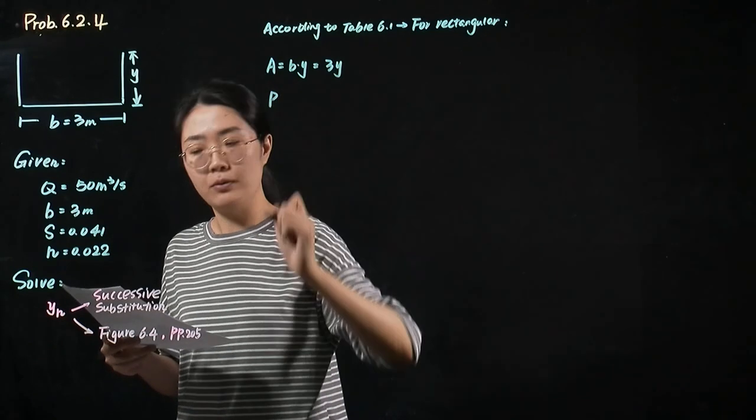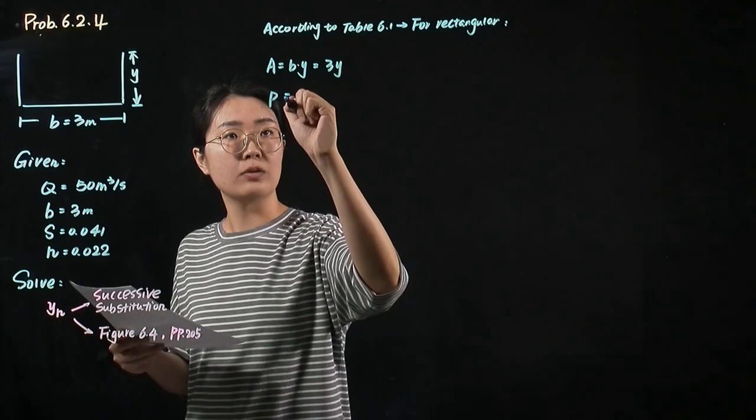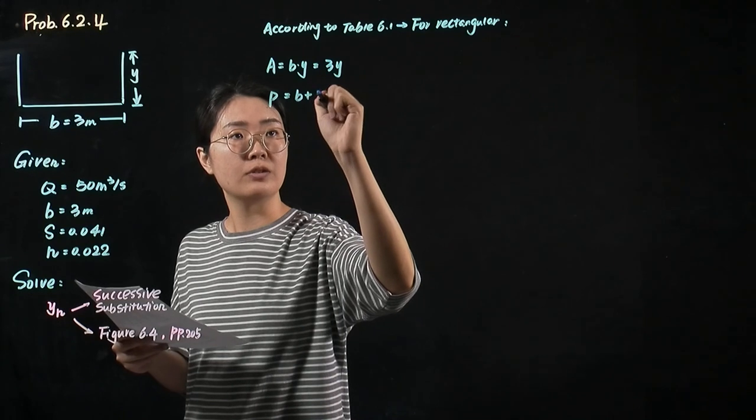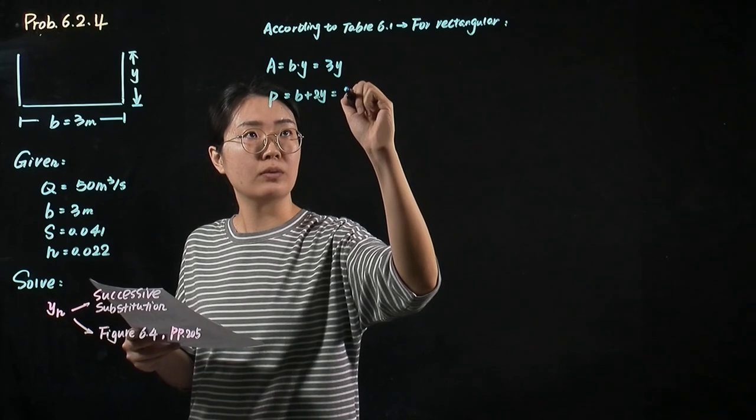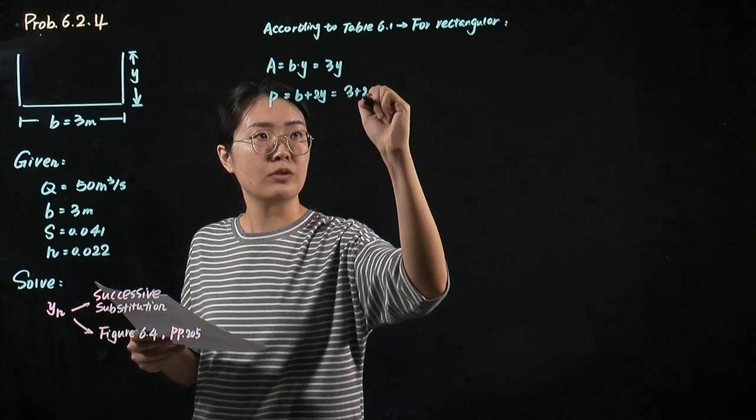And the wetted perimeter equals b plus 2y, which equals 3 plus 2y.